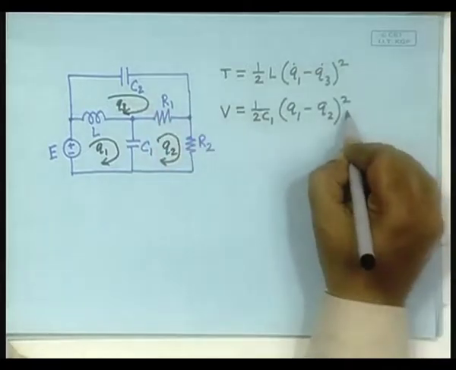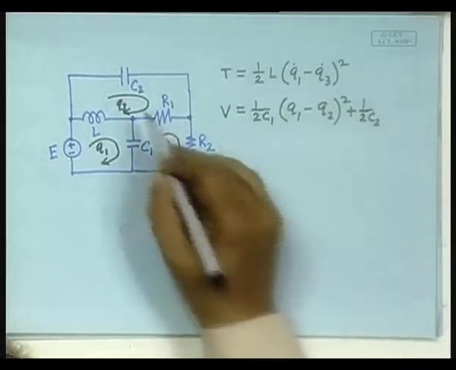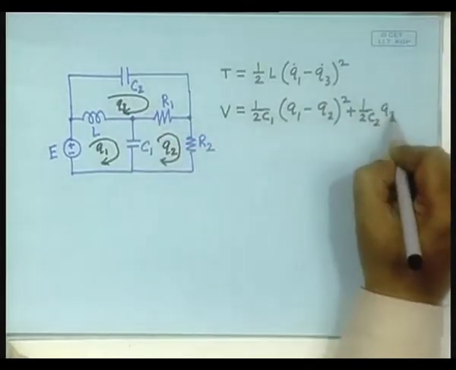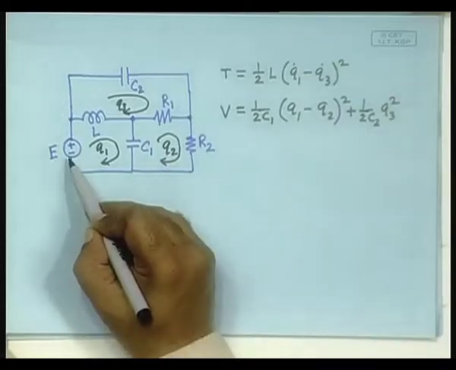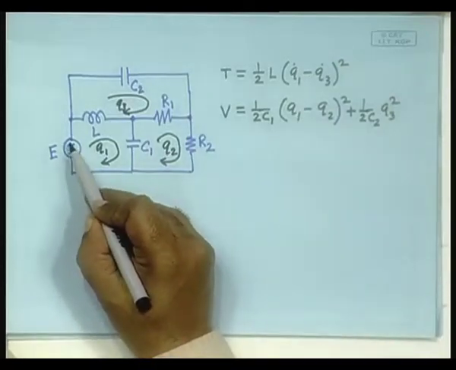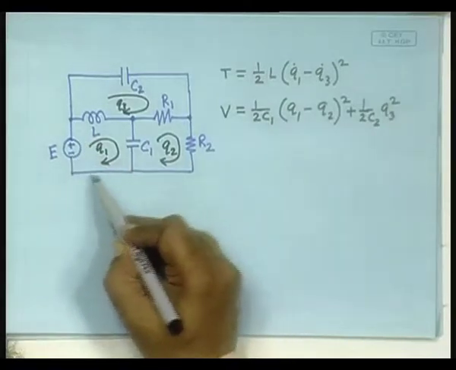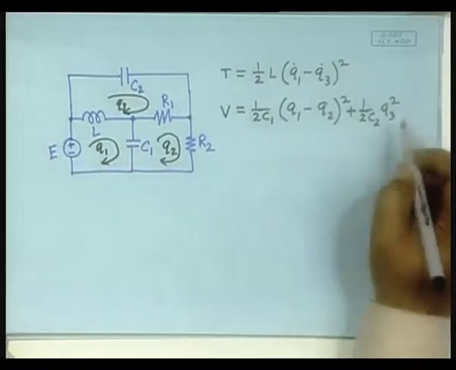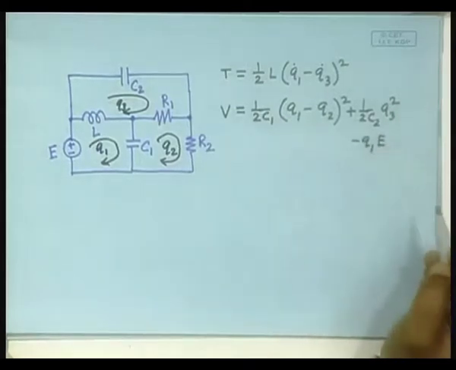In this one it is C2, it is Q3, plus there is something here. This is the externally applied force which is acting in the positive direction of Q1. Therefore, you will have to say minus Q1 E.